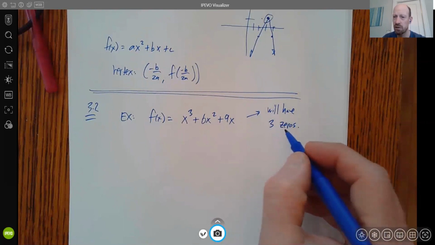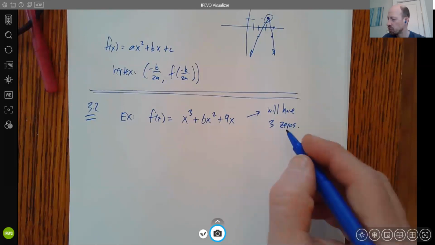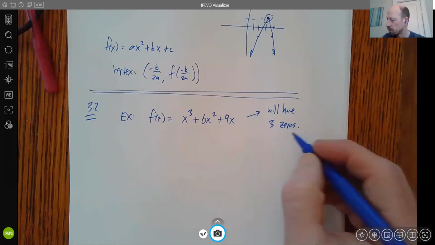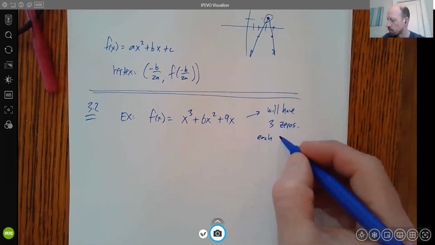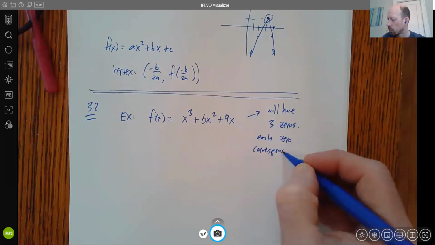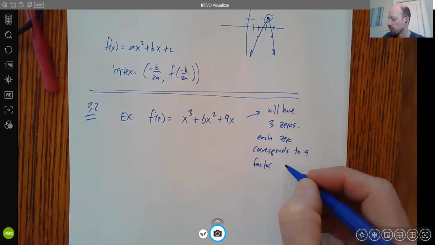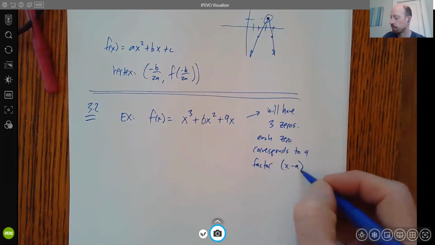Now some of those zeros might be the same, so they're not always distinct zeros, but there will be 3 of them. Each zero corresponds to a factor, x minus a.